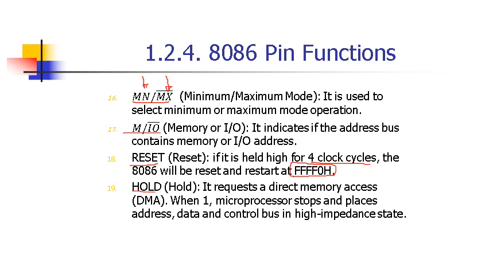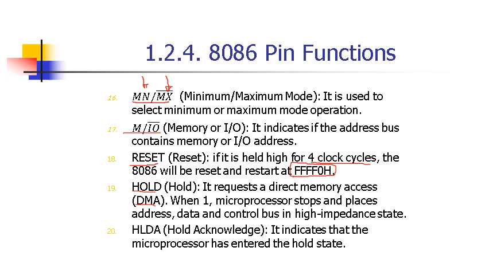Hold: if you are to let another coprocessor access your memory, direct memory access, you set this to high. Okay, and this indicates that a hold mode is acknowledged. The processor gives the control of the memory to some other coprocessor.